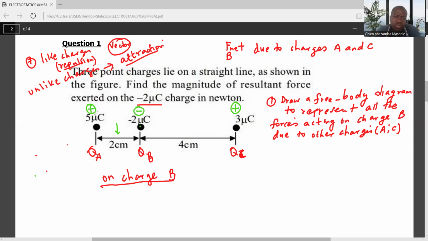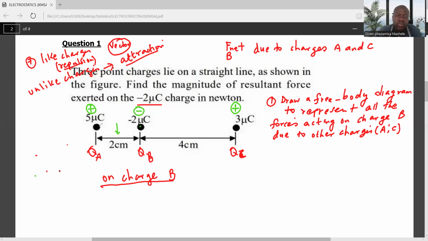So since the two charges, charge A and charge B, are unlike charges, we know that unlike charges will always attract.